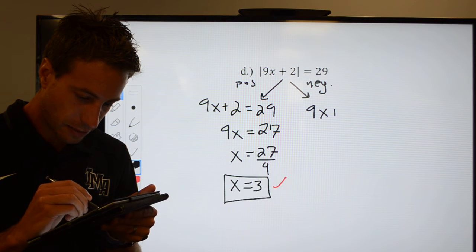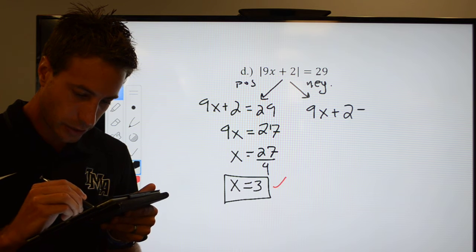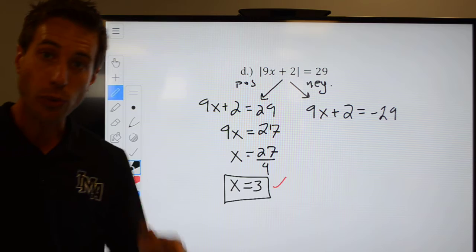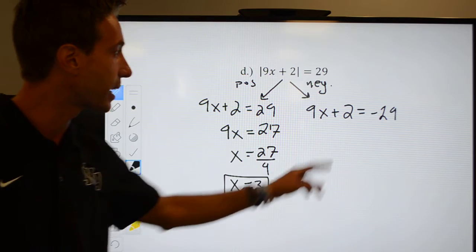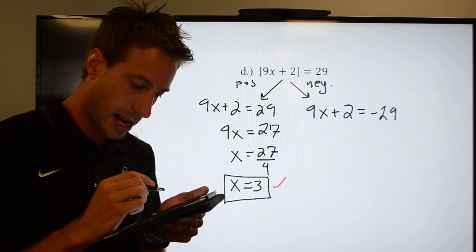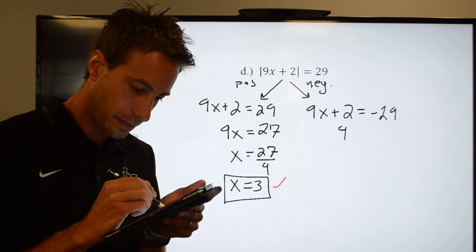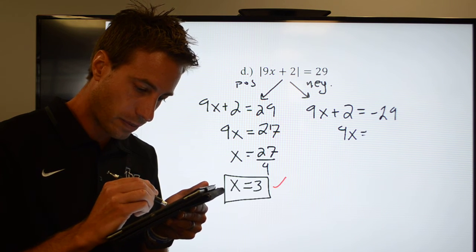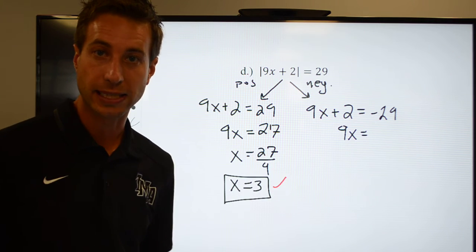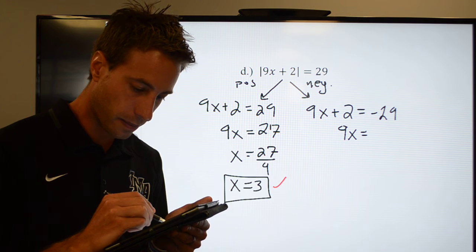9x plus 2 is equal to negative 29. All right, here we go. Exactly the same thing that we did over on this side. I have to get rid of the positive 2, which means subtract it to the other side. 9x is going to be equal to... careful, it's a minus 29. You're subtracting 2. That gets you a negative 31.